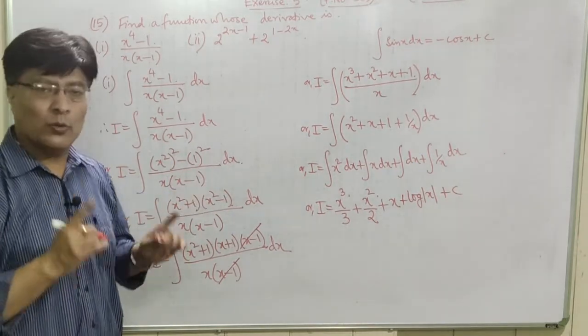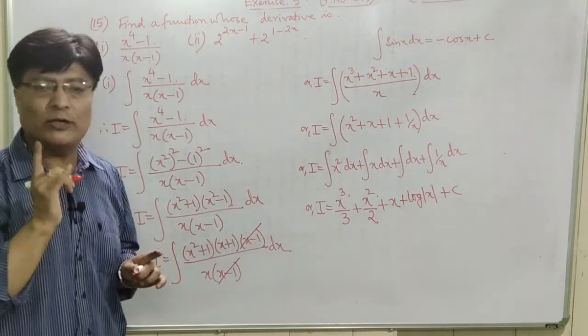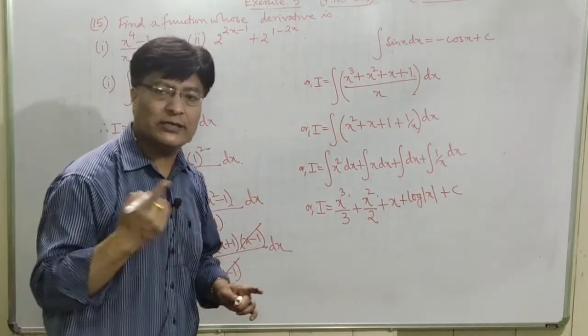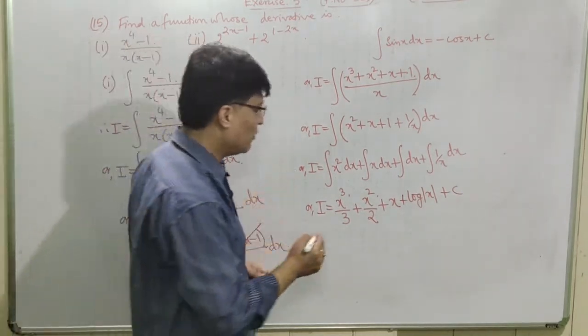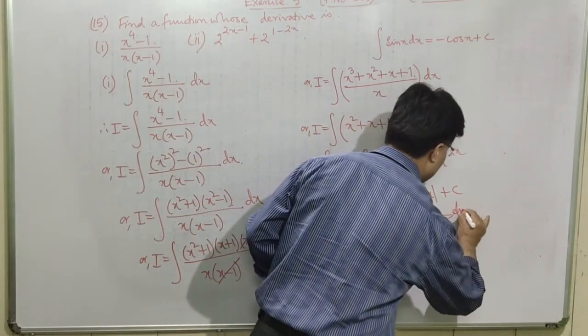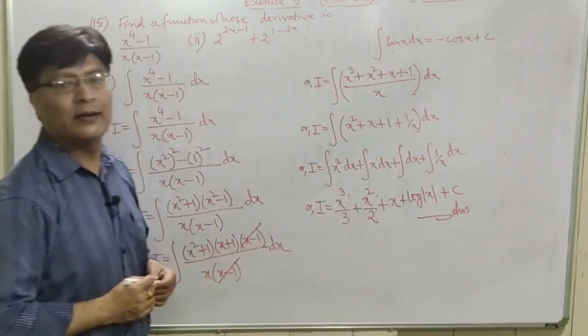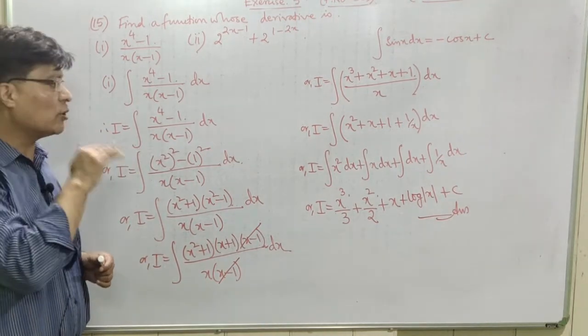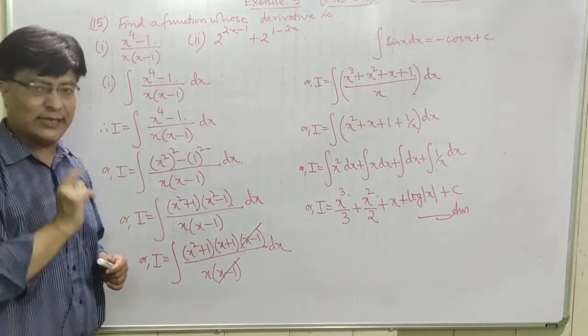So the logarithm of a positive number is always defined. So this is the formula. So what is integration of 1 by x dx? That is log within mod x plus c.